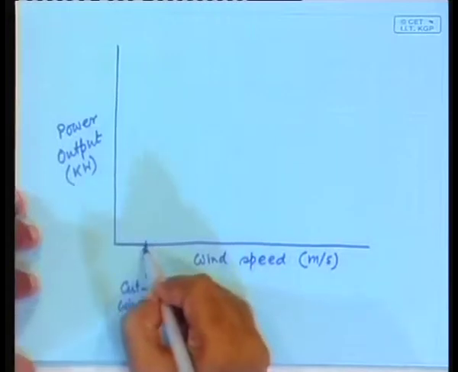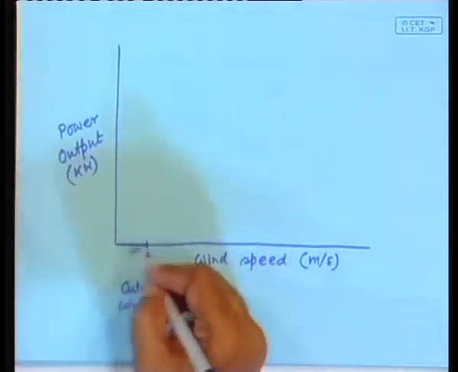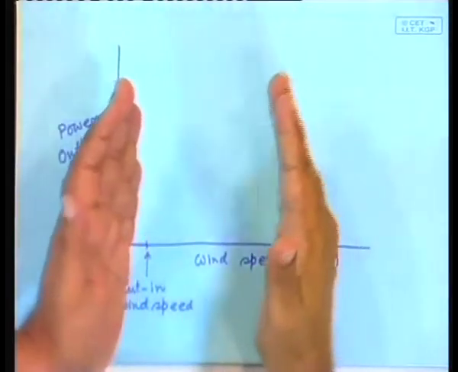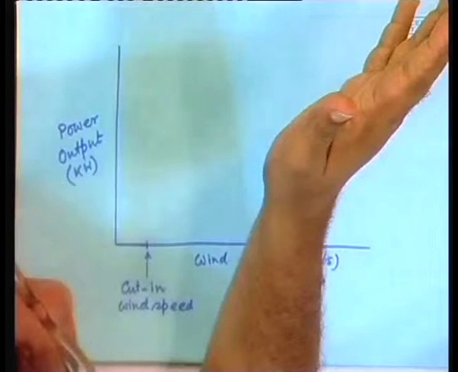Beyond that, what happens? What should be the characteristic like? Beyond that, there will be a range when the wind speed is moderate. If you extract the full amount of power out of it, as much as you can within the limits of the Betz theory, then at least the generator and the gearbox will not be overloaded.